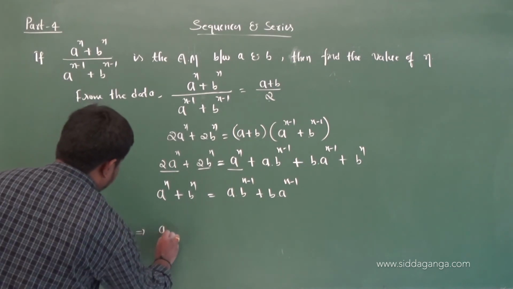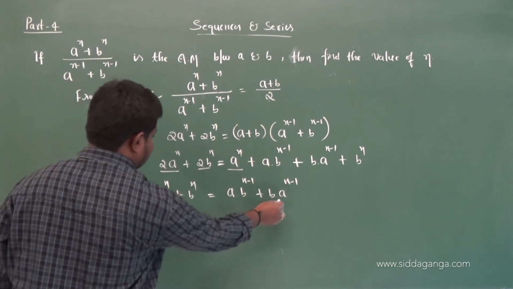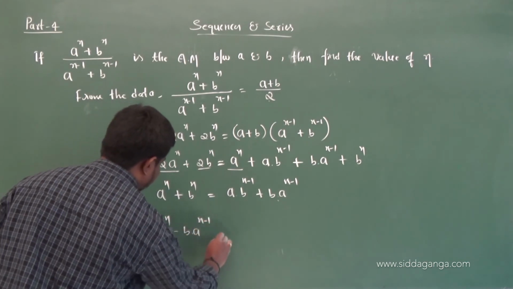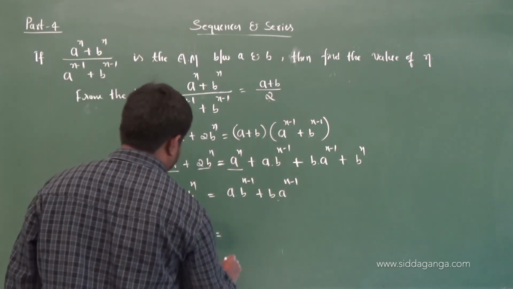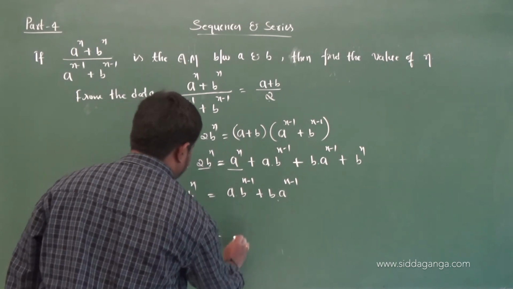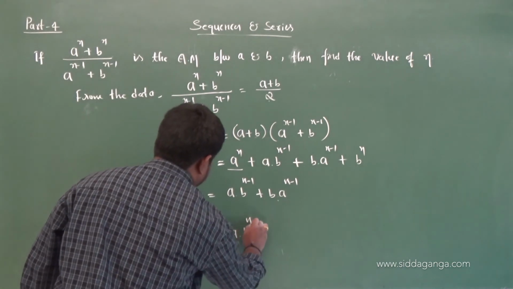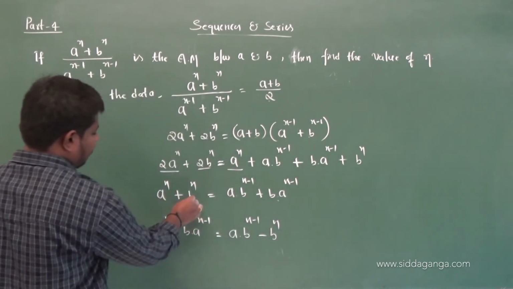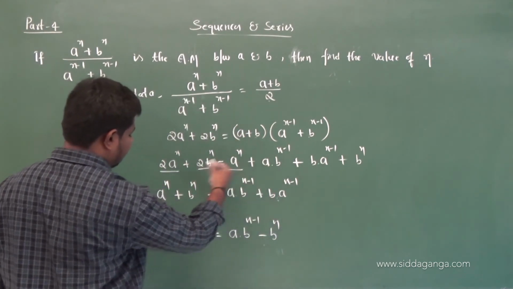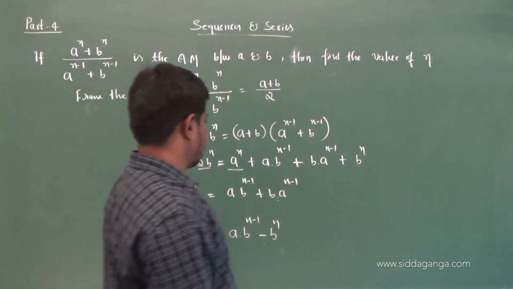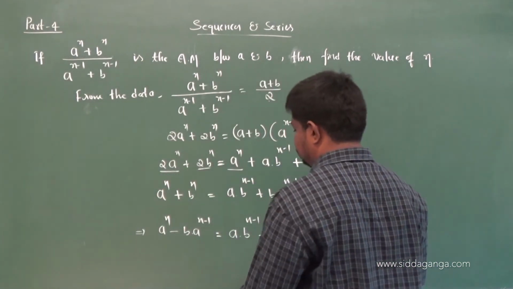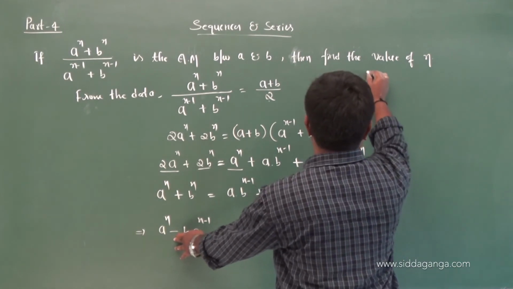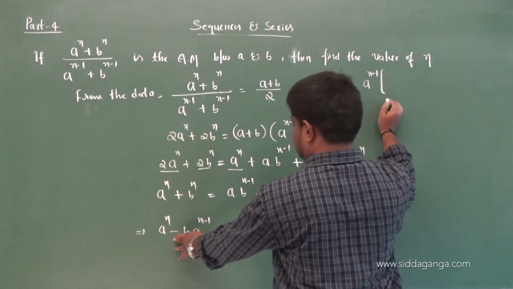Now a power of n, take this to the left side, so minus b into a power of n minus 1, equal to a into b power of n minus 1 minus b power of n, taking b power of n to the right side. In this I am going to take a power of n minus 1 as common outside.